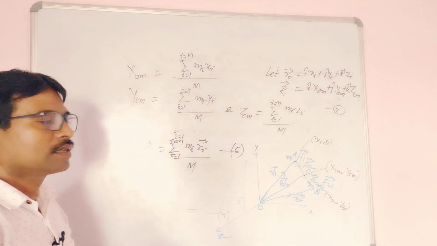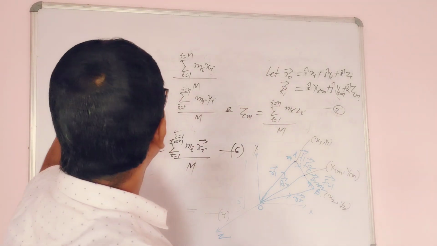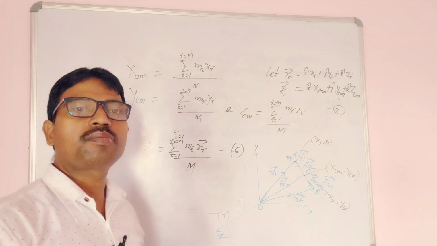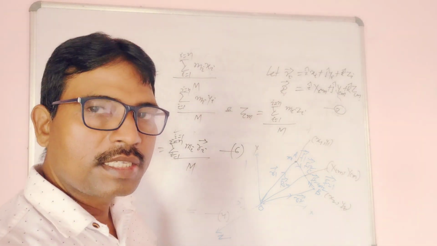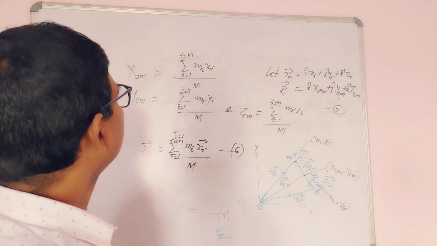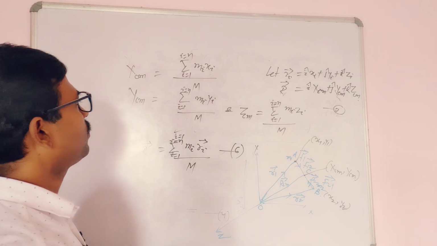Can you get it or not? Very good. So in this way you will get the rectangular components along the x axis, y axis and z axis, and you will calculate the value.